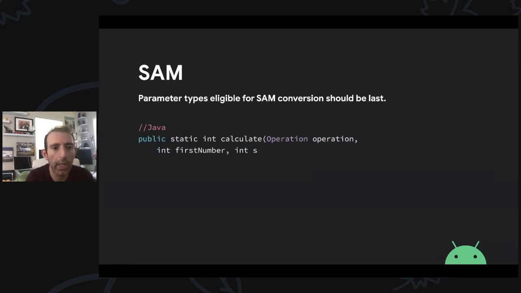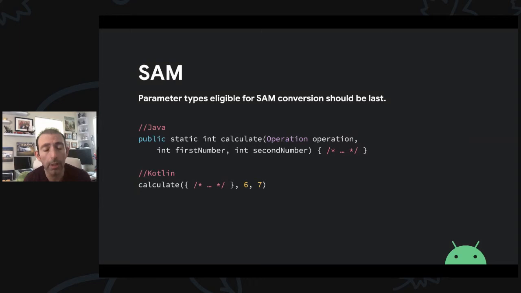Let's take a look at an example. So we have a calculate function here, and it takes 3 parameters, 2 integer numbers, and an operation. And our operation here is eligible for SAM conversion. If we don't place the operation as the last parameter and try to call it from Kotlin, it works.